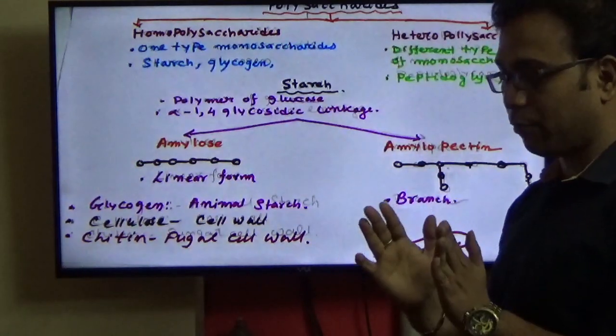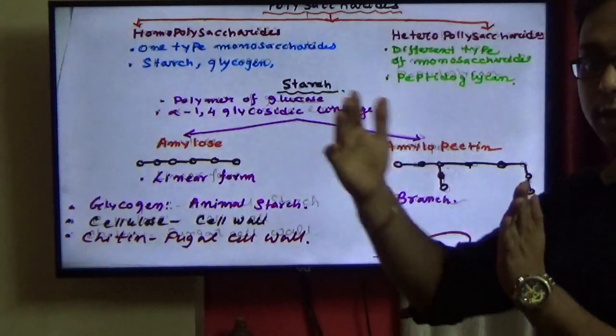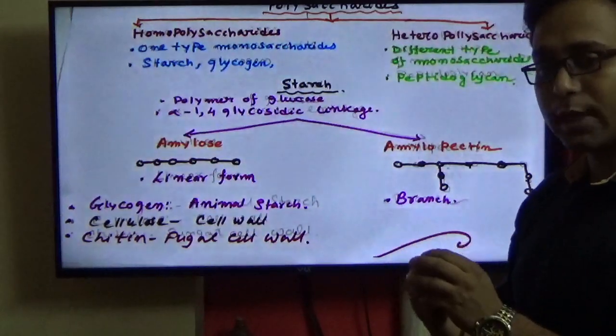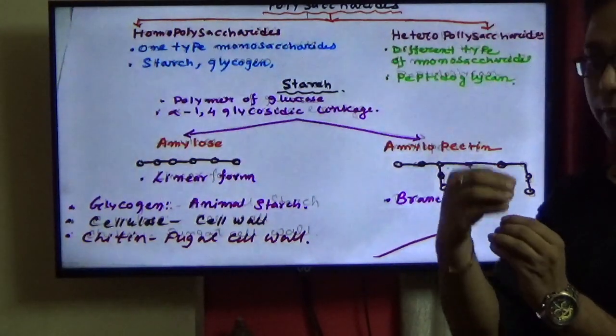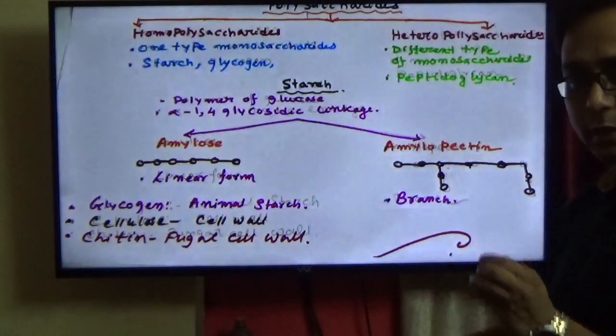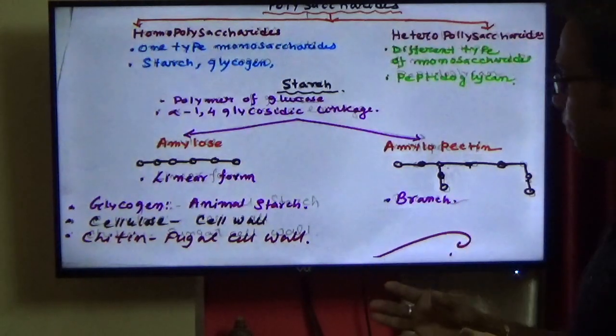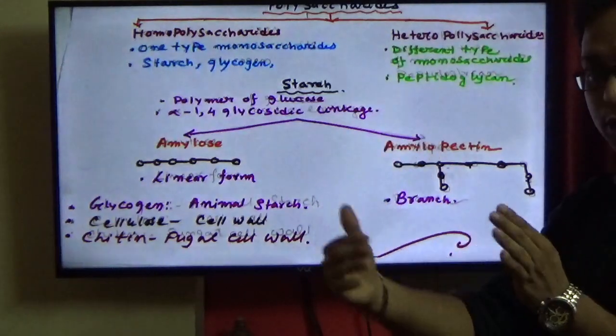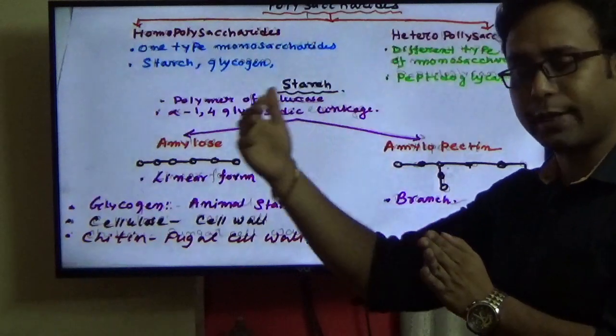So at first we discussed three parts: monosaccharides, disaccharides and polysaccharides. Monosaccharides are classified according to their functional group, that means aldose and ketose. Next we classify the monosaccharides according to the carbon atom, that means triose, tetrose, pentose, hexose and heptose.